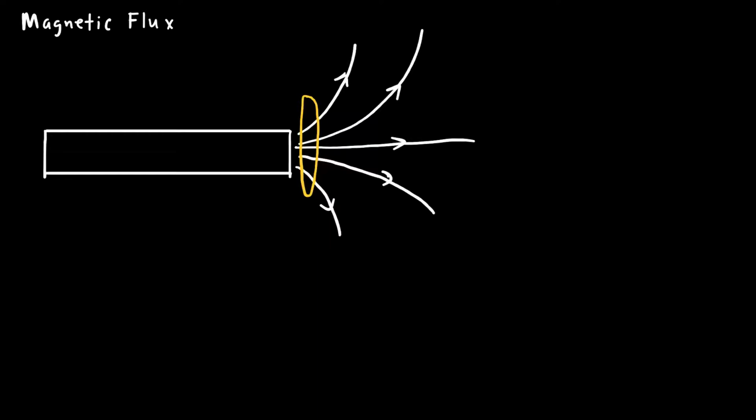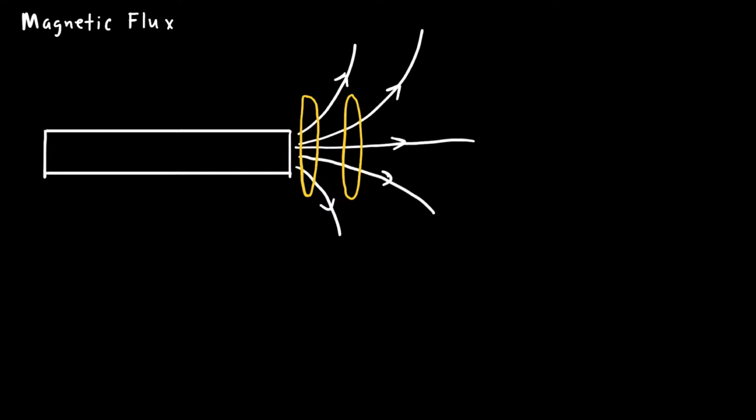And if you imagine that little circular loop or that circular plate as being perpendicular to the axis of the pole of that magnet, then there are a bunch of lines going through from the pole through the plane of that little loop that I've drawn. And if I were to take that same loop and move it further away, then there would be fewer magnetic field lines going through that loop.